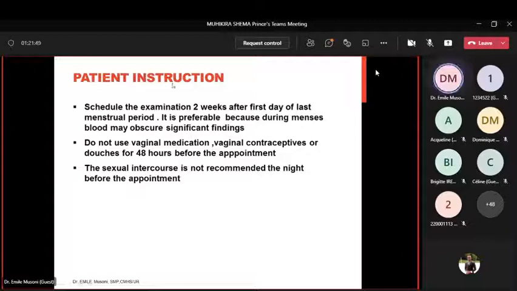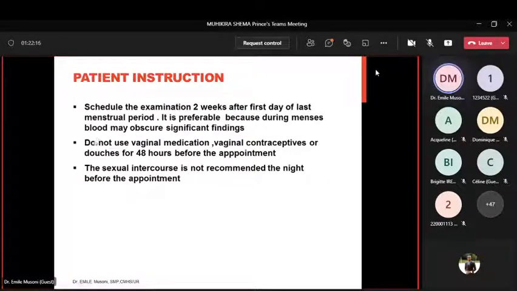Patient instruction before taking the sample is very, very important. They schedule the examination 2 weeks after the first day of the last menstrual period. It is preferable because during menses, blood may obscure significant findings.